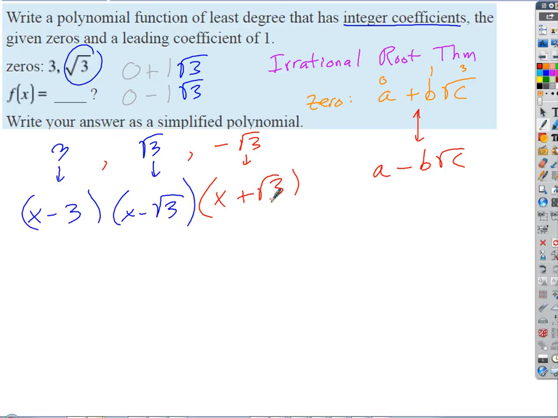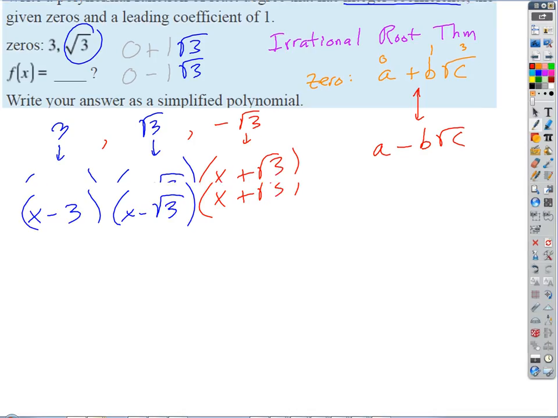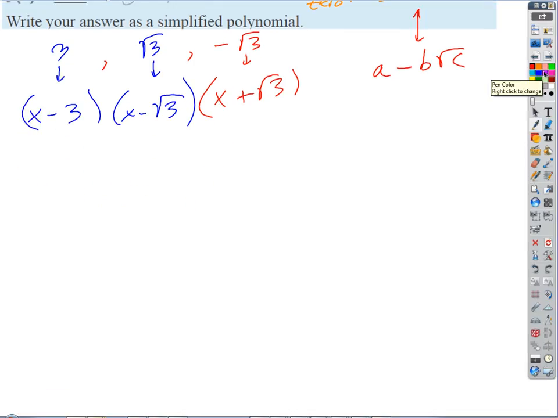That solves the problem, because watch what happens here. When I multiply these together, this is like saying a minus b times a plus b, if a is x and b is the square root of 3. That's the conjugate pattern, a minus b times a plus b.